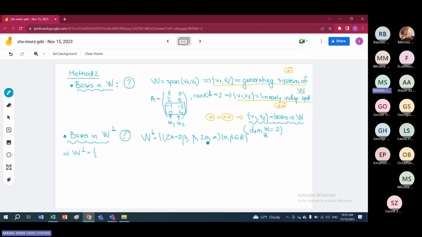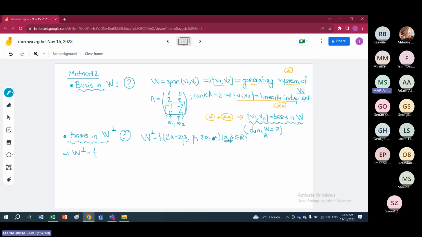For example, with three parameters, alpha, beta, and gamma, you would write this vector as the sum of 3 vectors: the first depending only on alpha, the second only on beta, and the last only on gamma. But because you have 2 parameters here, you have to write this vector as a sum of 2 vectors.